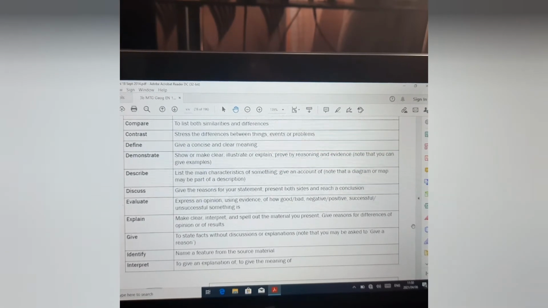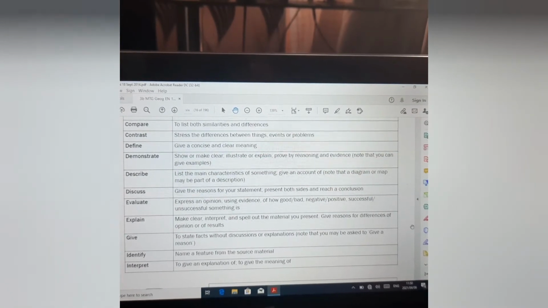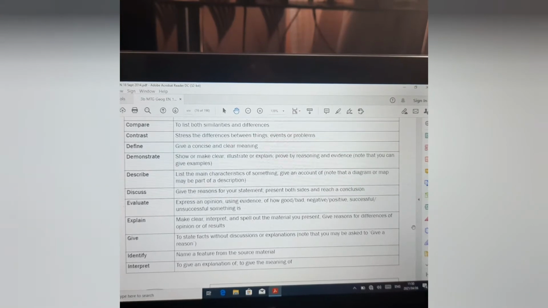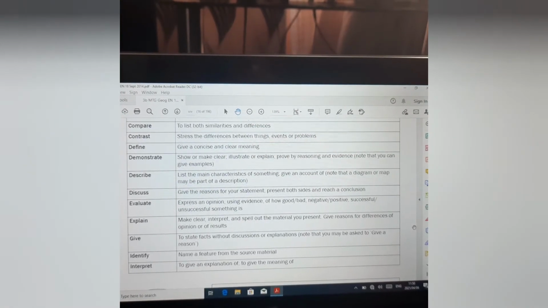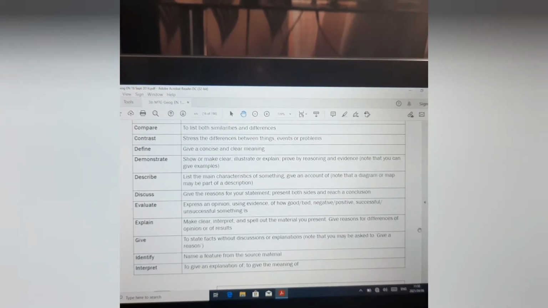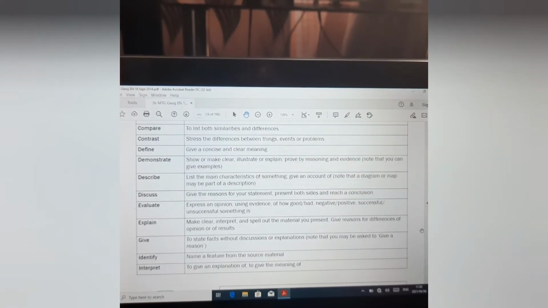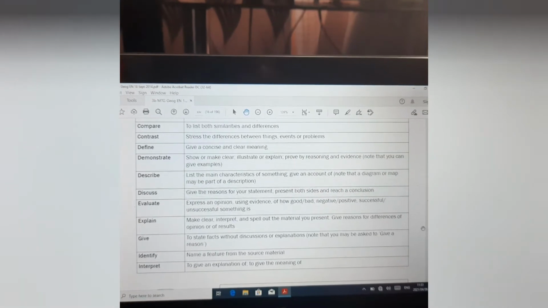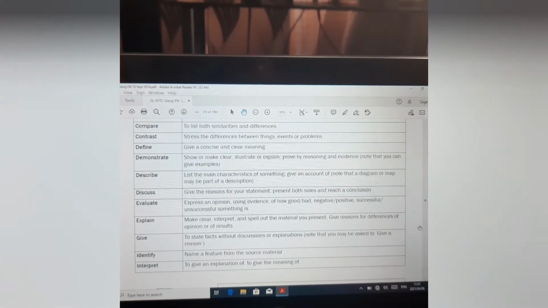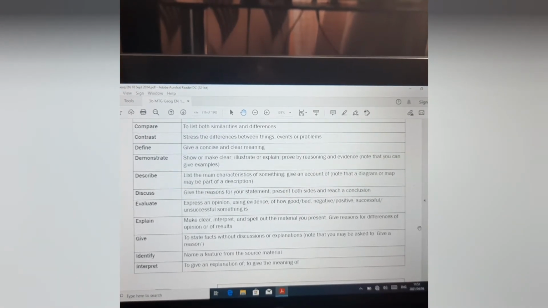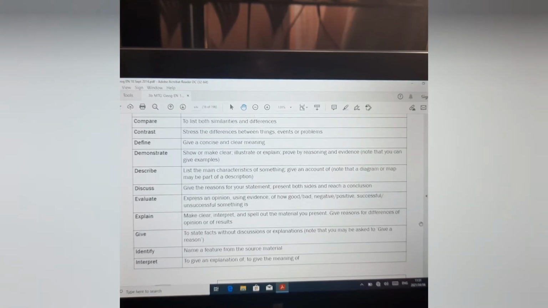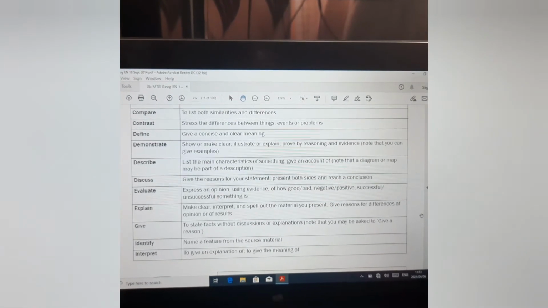For example, when you are given a drawing or you look at an object, you should be able to discuss what that object is. You should be able to give reasons for your statement. If you say this is a box, you need to give the reasons for that. Why are you saying it's a box? That's you discussing. You need to understand it.